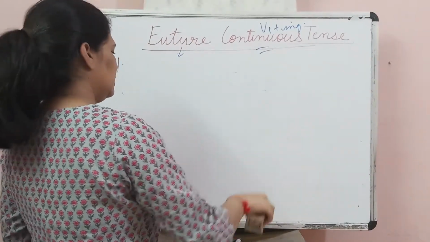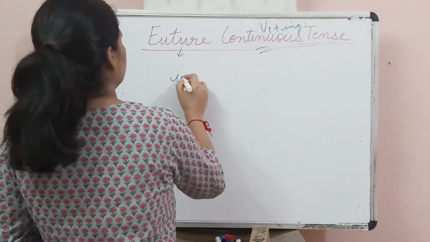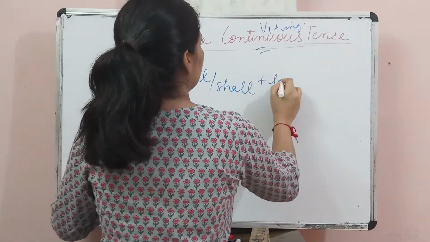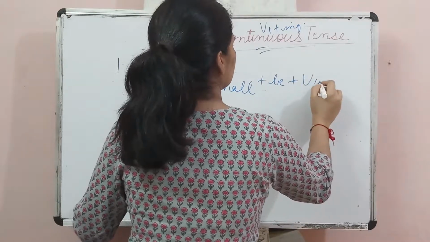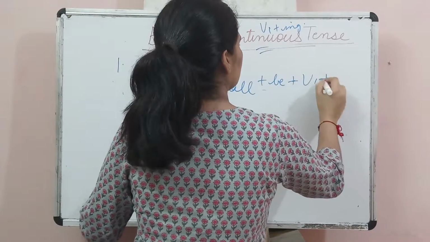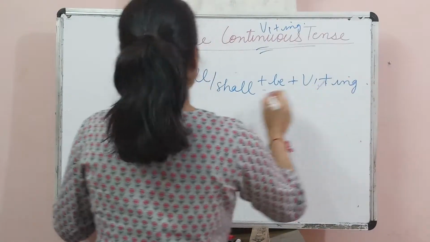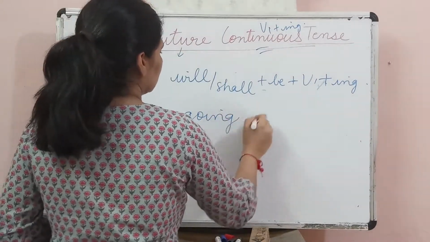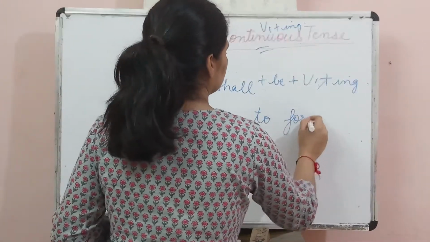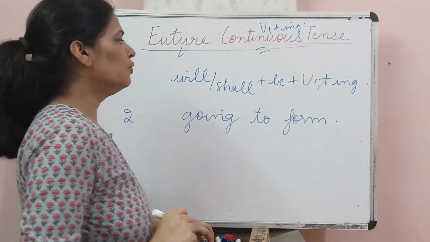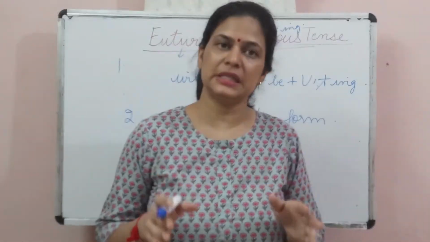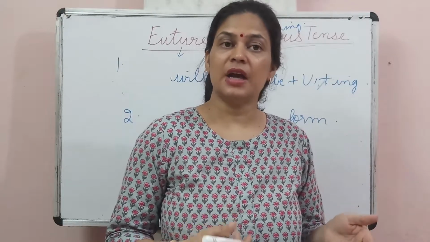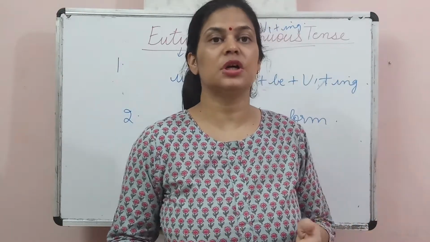One, we have seen that it is will/shall plus be plus V1 plus ing form. Next one is the going to form. So there are two forms here. Now we have already seen that something which has been pre-planned, there we have to use the future form.